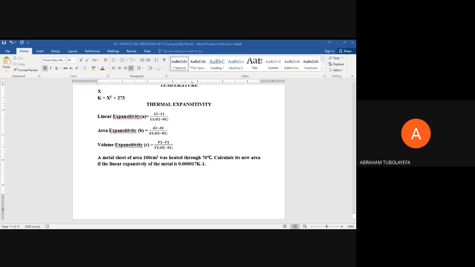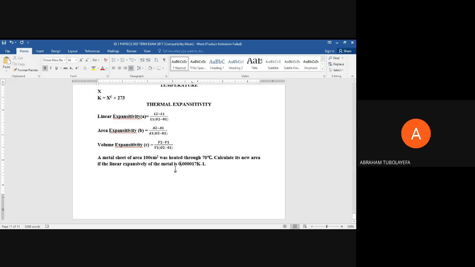How many of you have been able to solve it? Okay, my system battery is running low, so I have to rush up. Let's quickly do it. You are given the initial area of the sheet, A1.